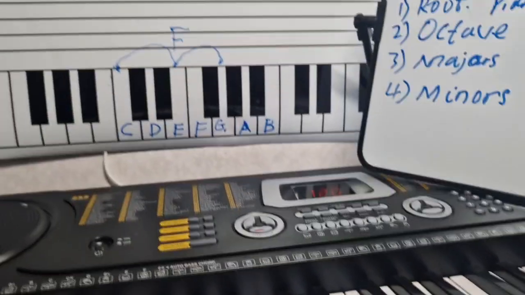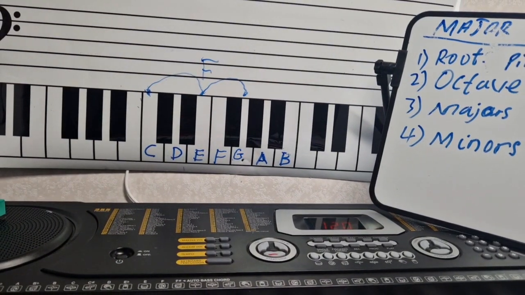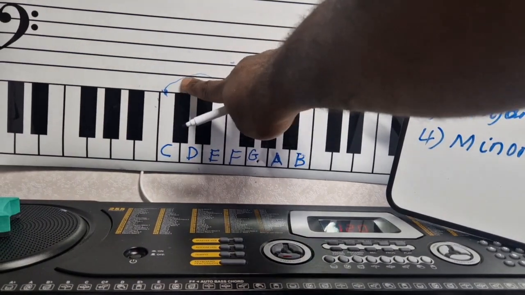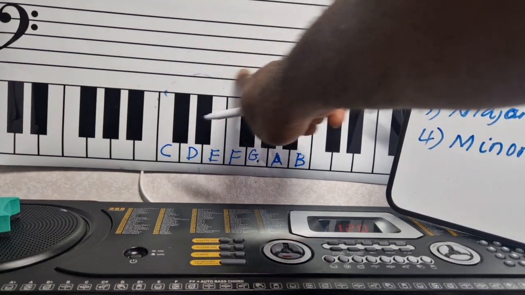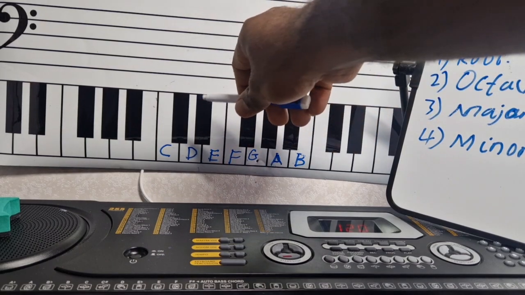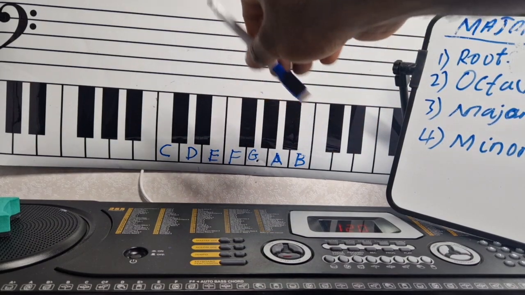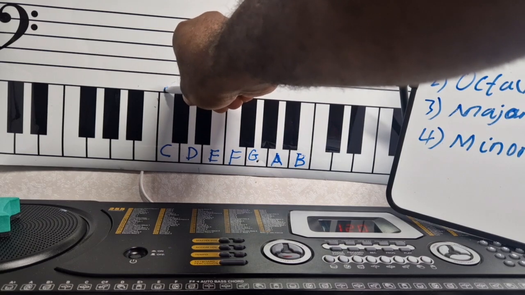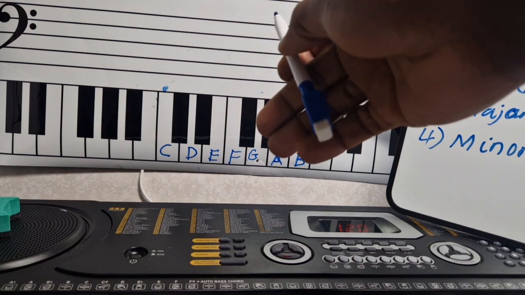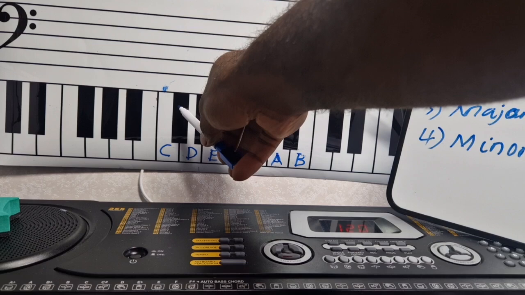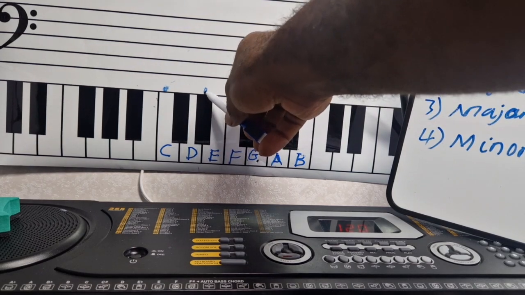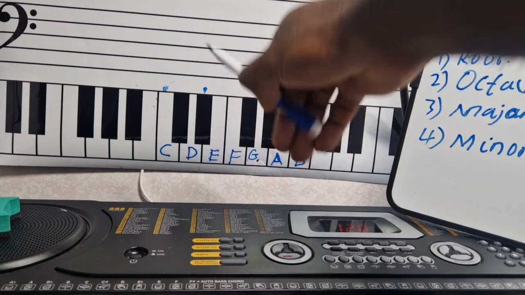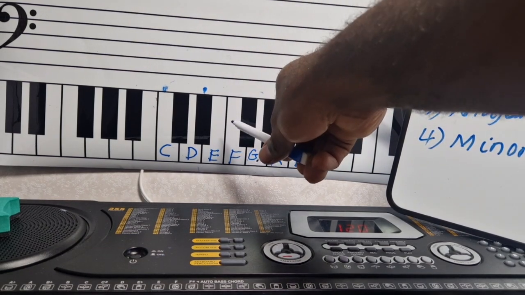Now, for minor, if you are asked to play C minor, you skip 2 keys. So C is the root note, 1, 2, G sharp, right? And it's 3 keys after that.